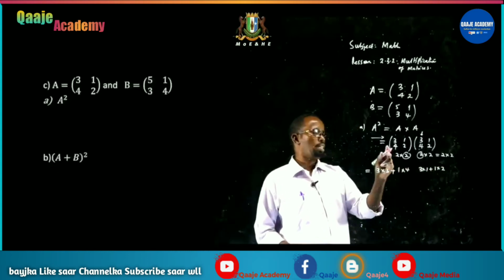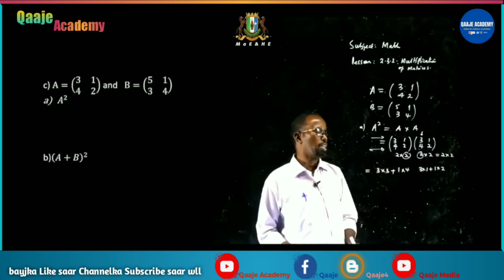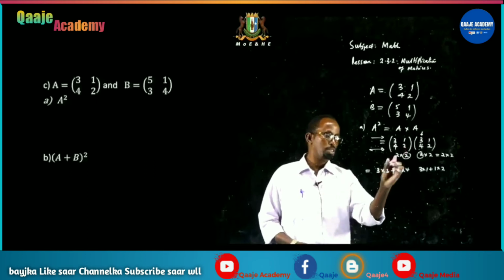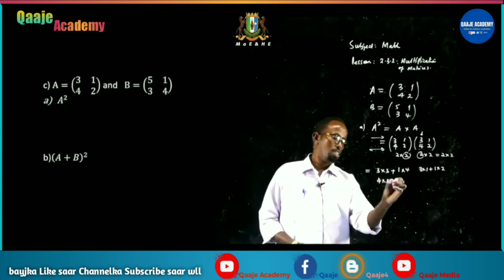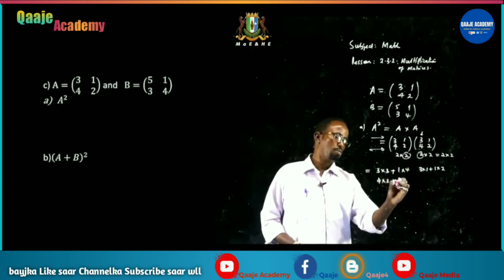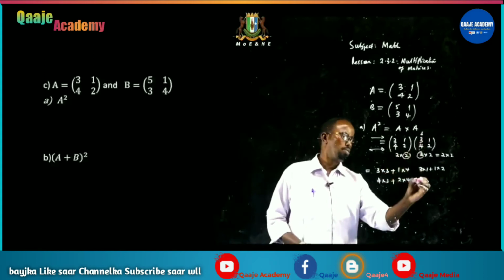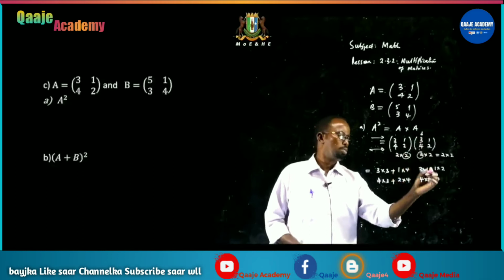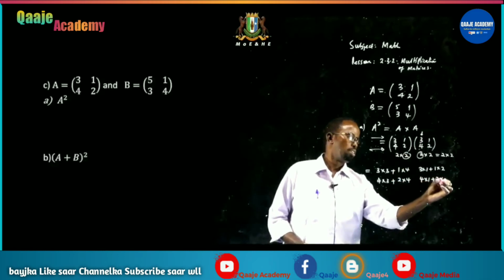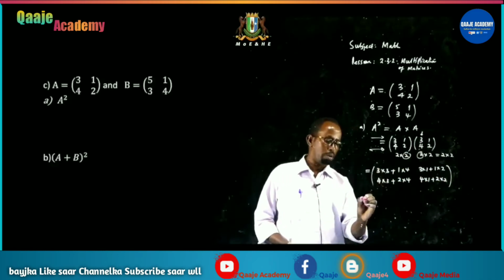Then we are starting the second row. Second row, first column, 4 times 3 plus 2 times 4. And then lastly, we have 4 times 1 plus 2 times 2. And you just close with brackets.